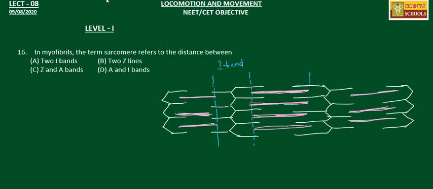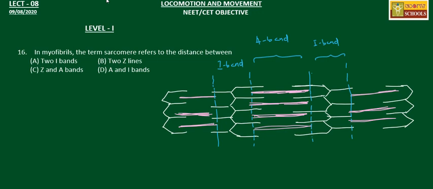And here where actin and myosin filaments overlap, this band will become the A band. So again you will see the I band. So the I band and A band are present alternately.